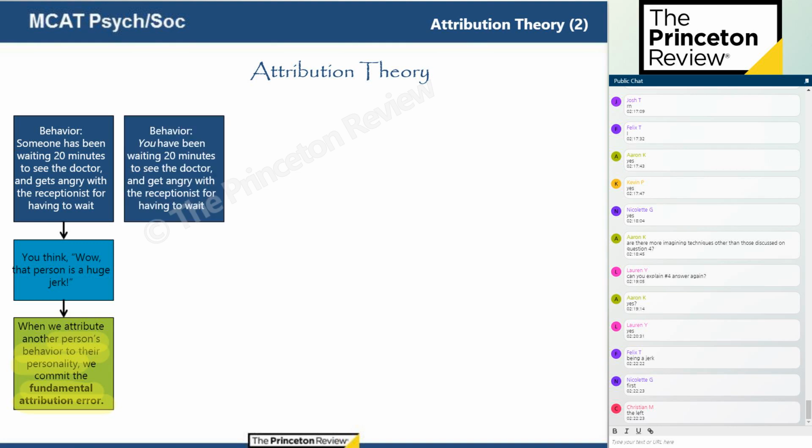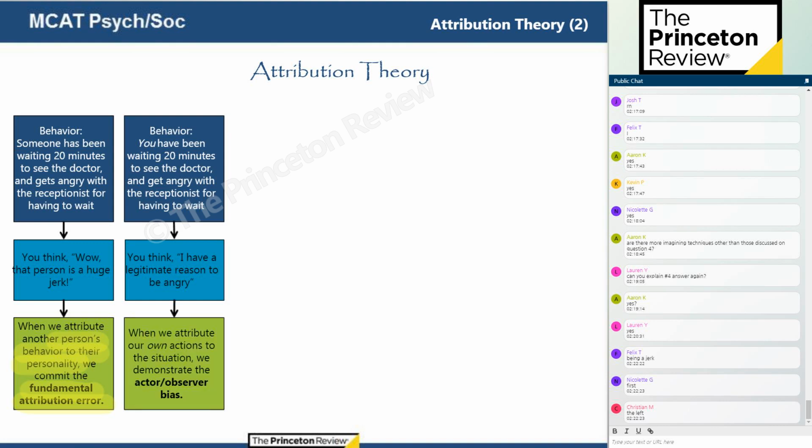All right. Now, you are the one that's been waiting 20 minutes and you get angry with the receptionist and you think, I've got a good reason to be angry. You have just committed the actor-observer bias.